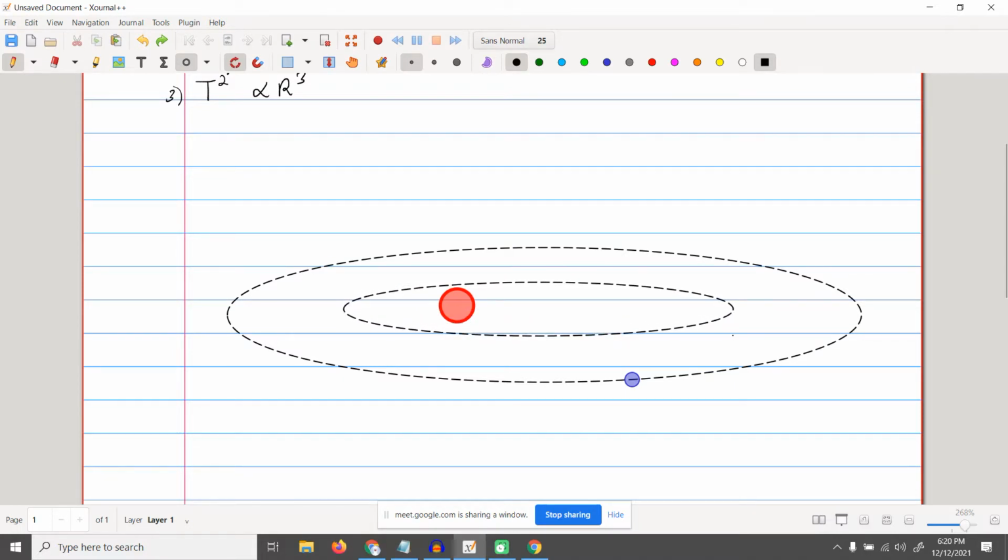What you see inside the inner circle which I'm drawing over here represents the orbit of, let's say, Earth. Let's give it green in color because there are plants over here. The outer circle represents some other planet.